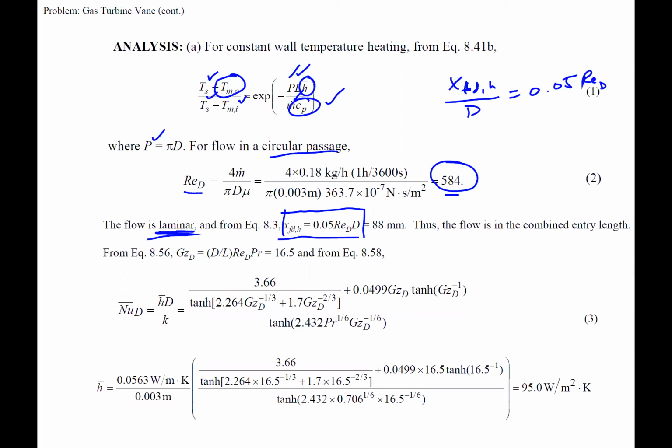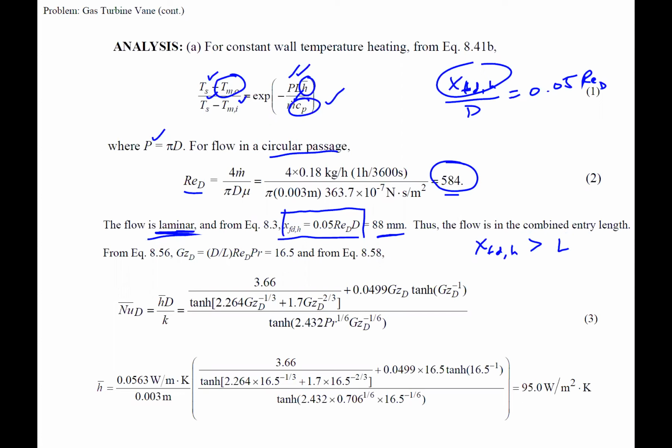So the entry length required is greater than our length. That means we're not fully developed. We're in the entry length, and we're in the combined version.